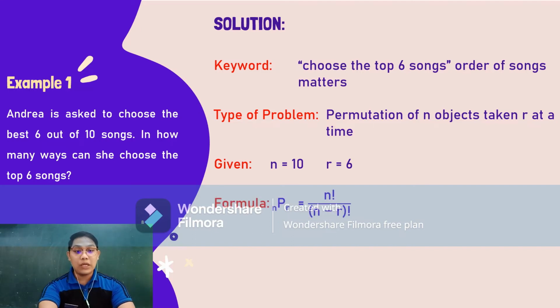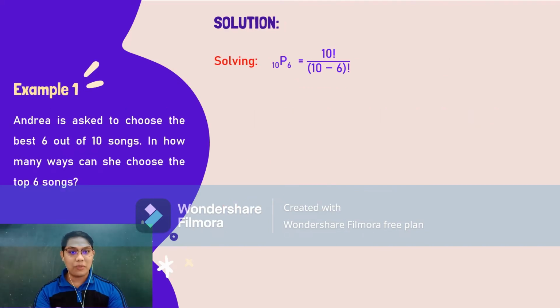And, of course, we will be using the permutation formula. The permutation of n taken r at a time is equal to n factorial over the factorial of n minus r. Now, let us proceed to the solving part.